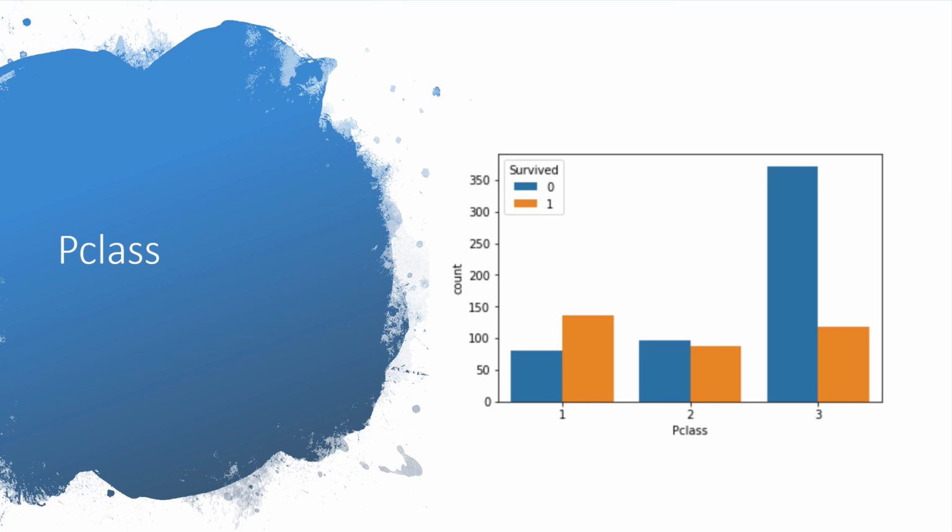We can see a huge difference in Pclass 3, where the non-survival rate is much higher than the survival rate. Pclass 3 means they paid much less for the class.